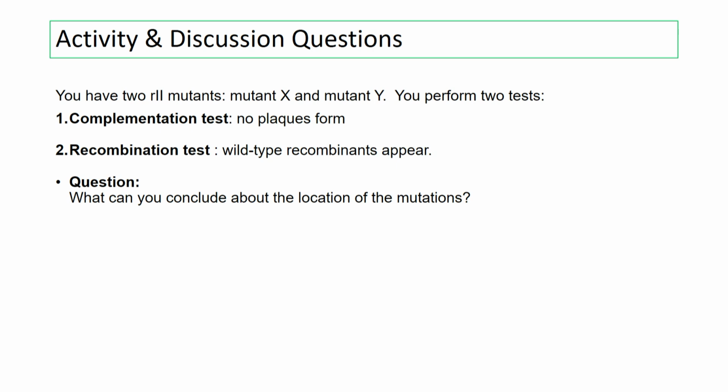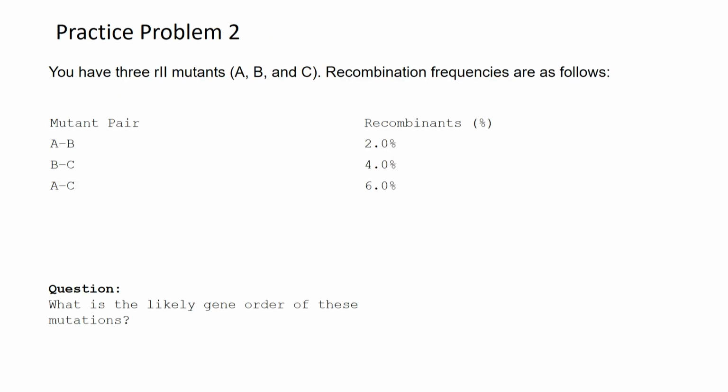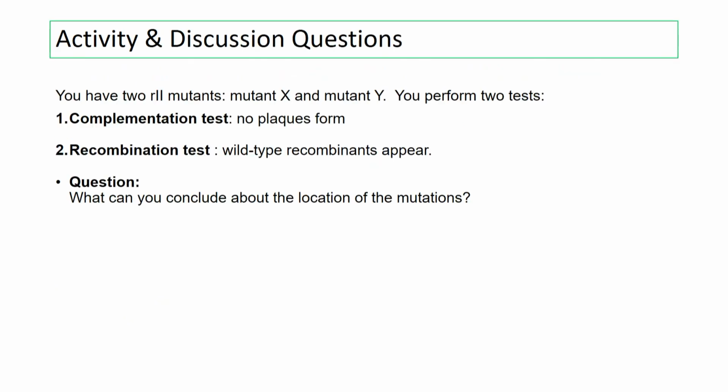So the question is, what can you conclude about the location of these mutations? So do this problem. I have skipped this practical problem that I wanted to do because of the time limitation. It is also on your screen. You can have a look at it. You can solve both the questions and we can take it up in the activity section together.